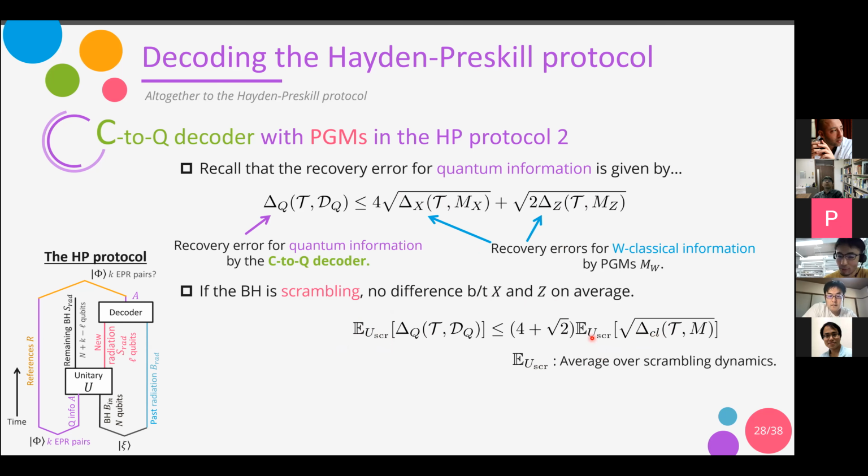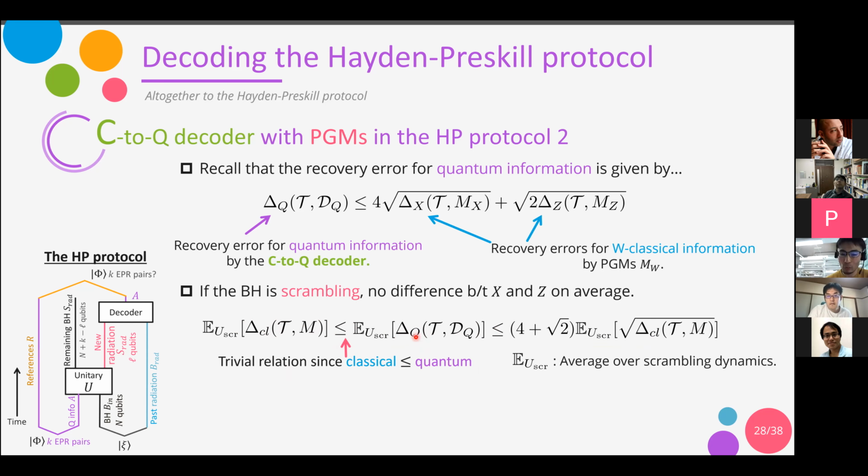So this is already kind of interesting because the error for quantum information is bounded from above by the square root of the error of classical information. And we also have the inequality on the other side. This is a trivial relation stating that classical information error is always smaller than the error for quantum information. Well, this is trivial because classical information is always easier to decode than quantum information.